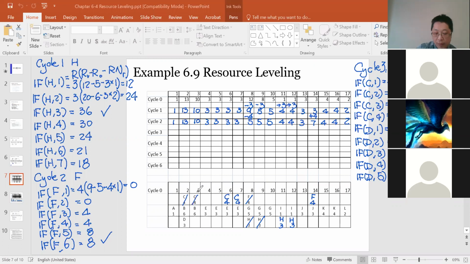C shifts from here to here. So that's C. I adjust my original table: this one -4, this one -4, and this one over here is +4, +4 over here.